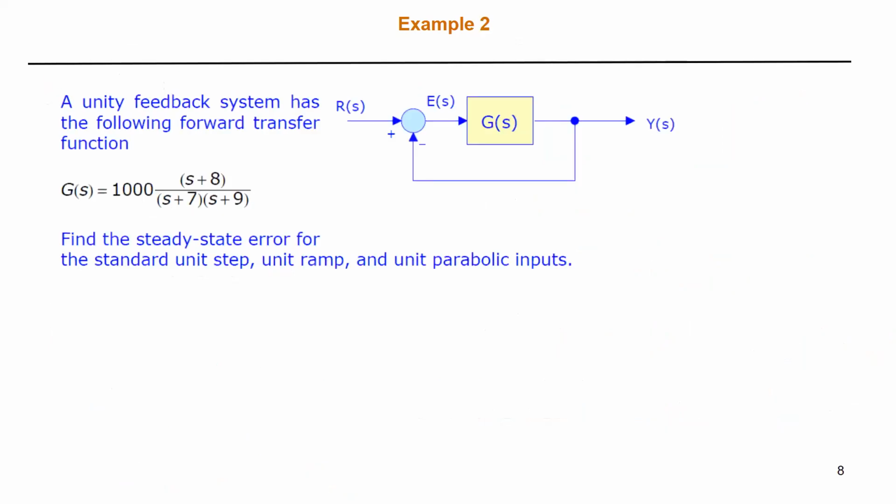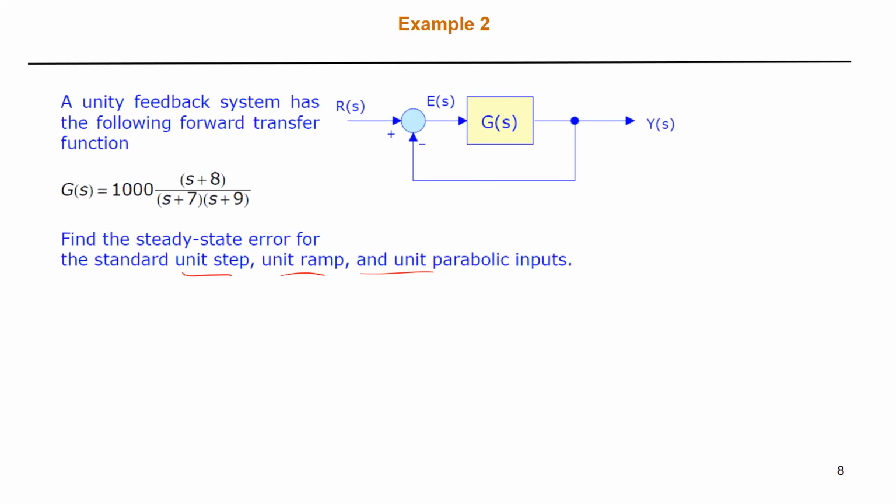Now let's move on. Suppose I have a unit feedback system. Find the steady state error for step input, ramp, and parabolic. Before we start, what is the system type we have here? Type zero.